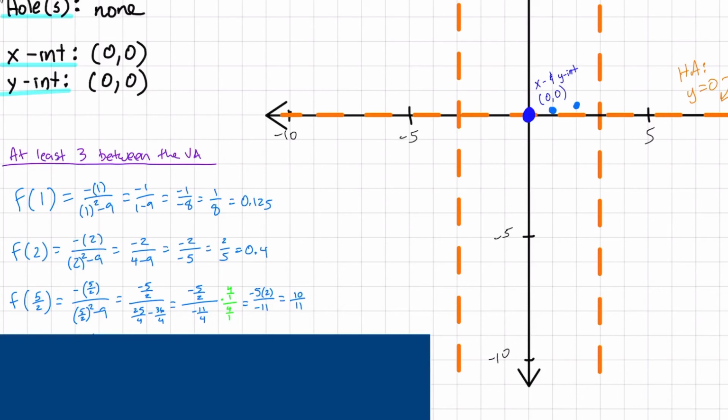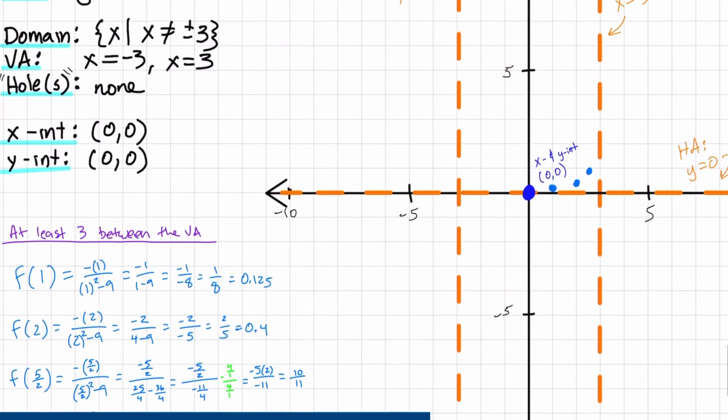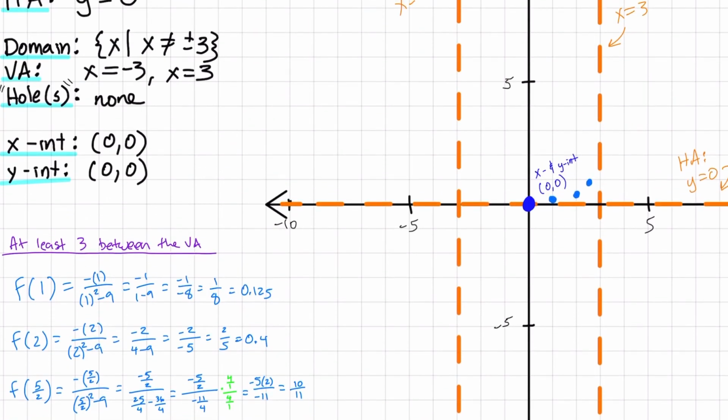When I plug in 2 and a half, 5 halves, 2.5, I end up at 10/11ths, so just about 1. So that's kind of interesting that it's gone so far over and still barely gone up any. But if I keep picking points closer and closer to the vertical asymptote, it's going to be getting closer and closer. This wants to get as close to those vertical asymptotes as quickly as possible.